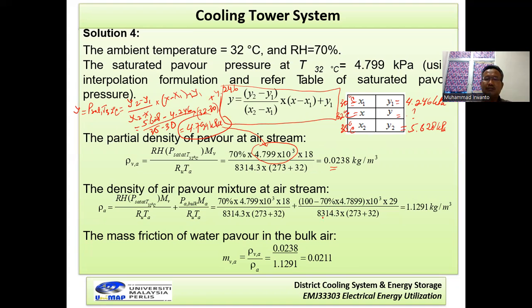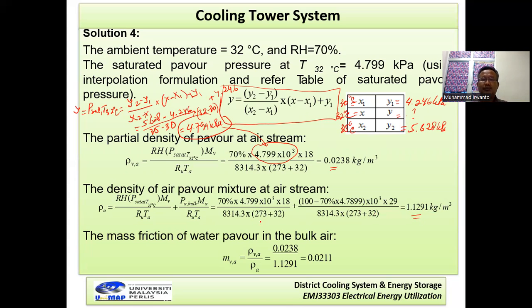Divided by the value of RU, and the temperature of 32 degrees Celsius should be converted to Kelvin by adding 273. So we obtain rho A equal to 1.1291 kilogram per meter cubed.